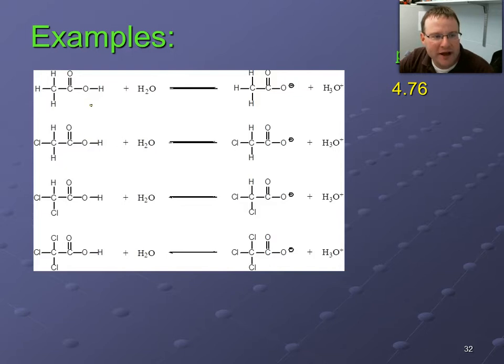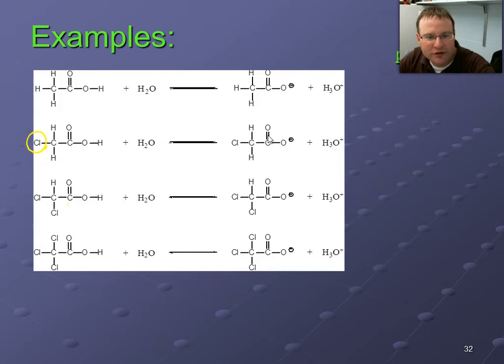However, if we have derivatives of acetic acid, and so in our second example, we substitute an H for a Cl, what's that going to do to the pKa of the system? That is to say, if we want to think about how this equilibrium process is influenced by the presence of Cl, what's it going to do?